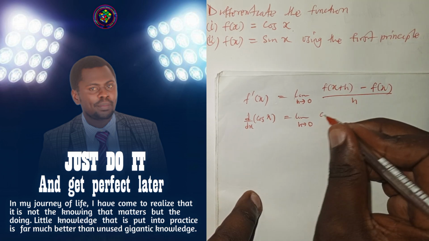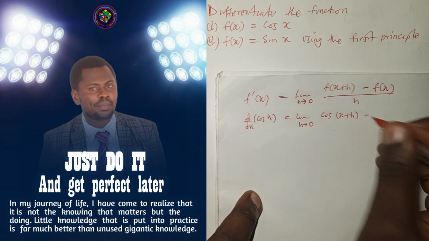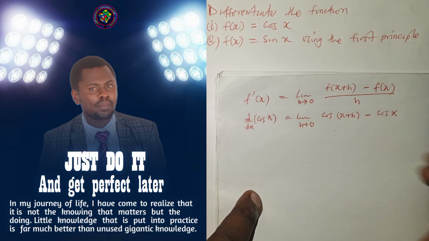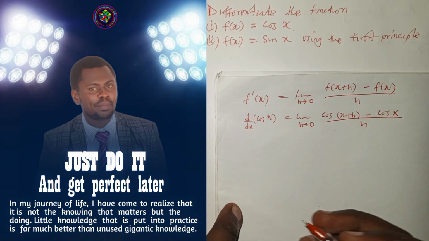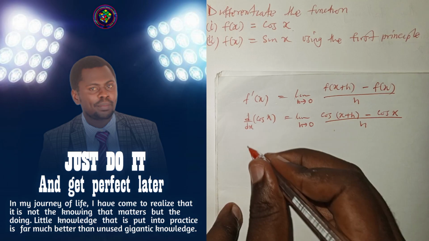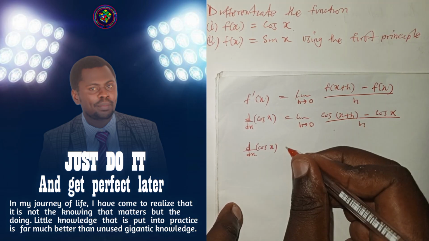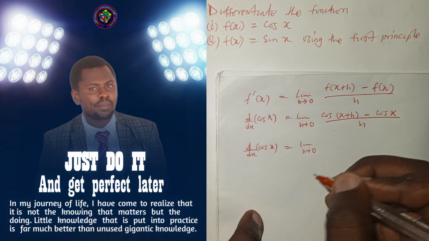So we are going to have cos of x plus h minus, then f of x is cos x, so we have cos x over h.